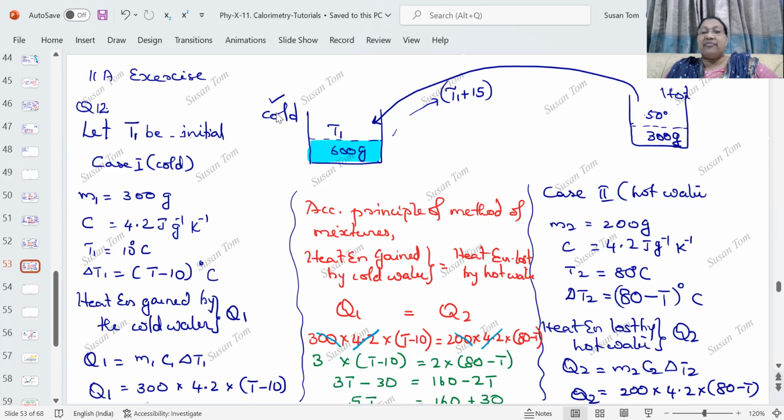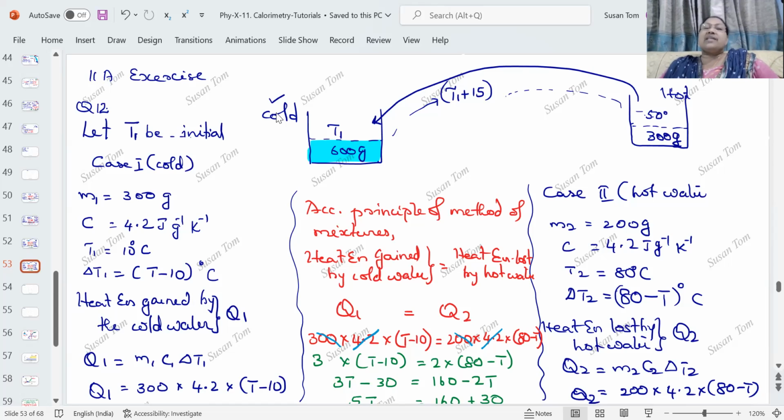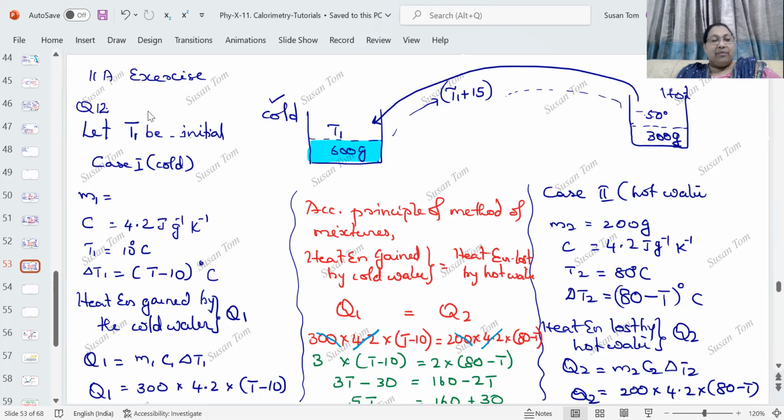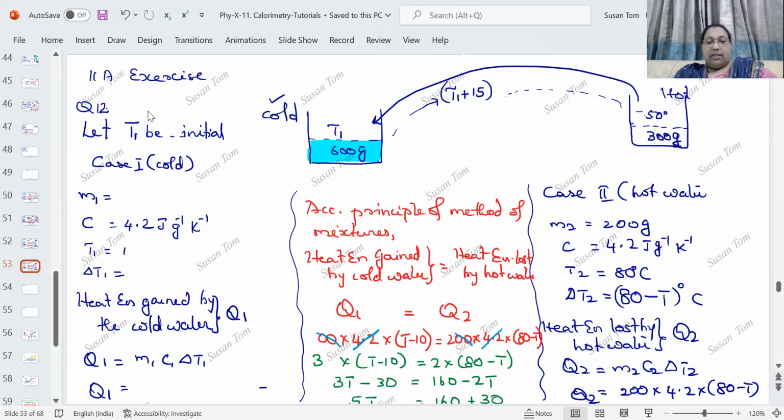So from 50, it will come down to T1 plus 15. So the intermediate temperature is T1 plus 15. Yes or no? The expression for the temperature to take is all you need to know. For the time being, I'm removing all the values and we can rewrite them. In the rest, only the substitution portion changes. This will be changing.